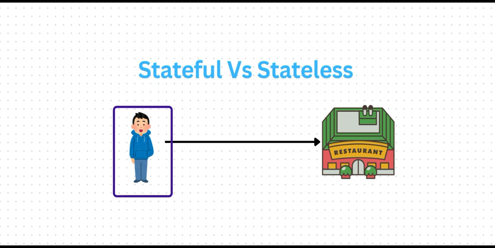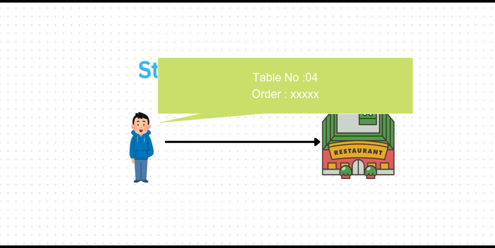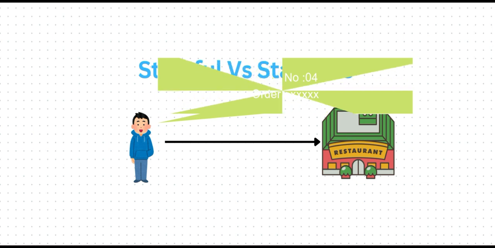You sit at a table and when you order food, the waiter remembers your table number and order. Each time you ask something, the waiter refers to their notes to know what you previously ordered. This is like stateful authentication where the server keeps track of your session.